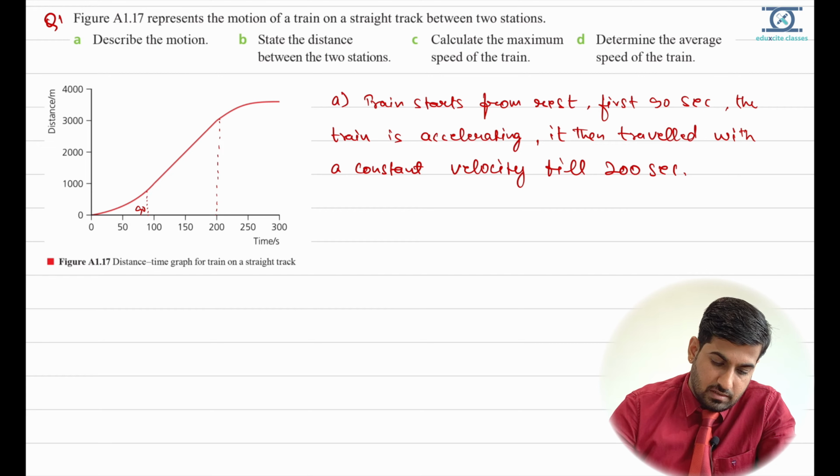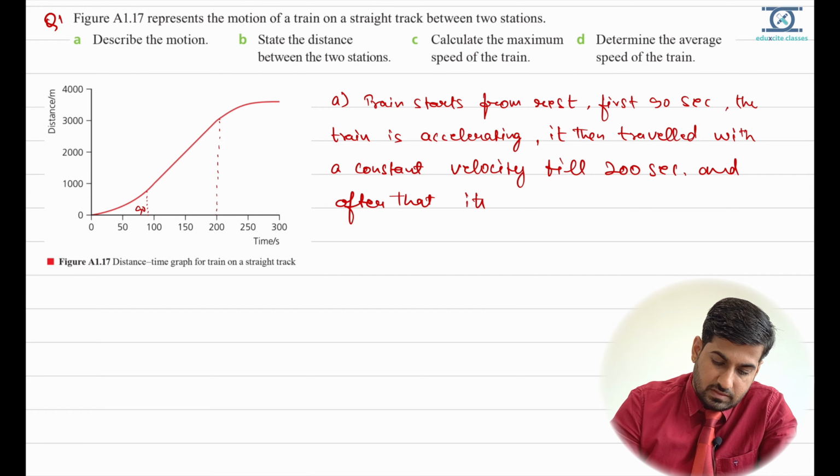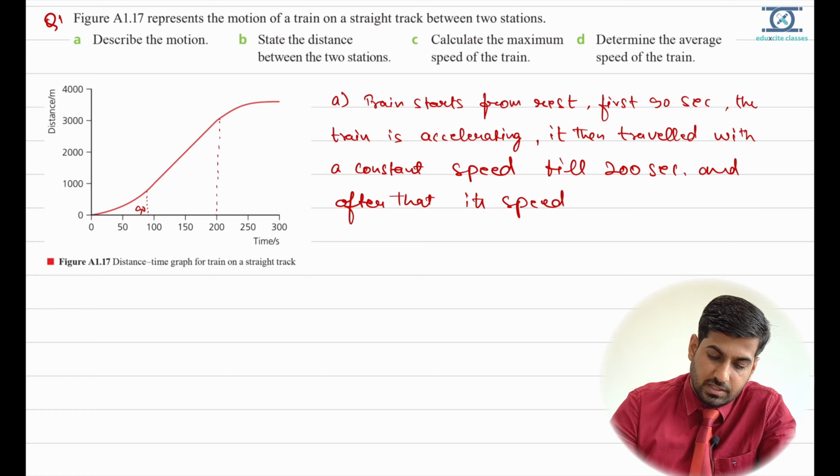And then you can say it is decelerating. After that its speed decreases. You can use the word speed instead of velocity, because the distance versus time graph is given to us.